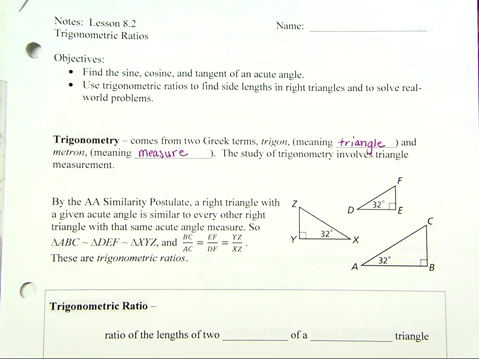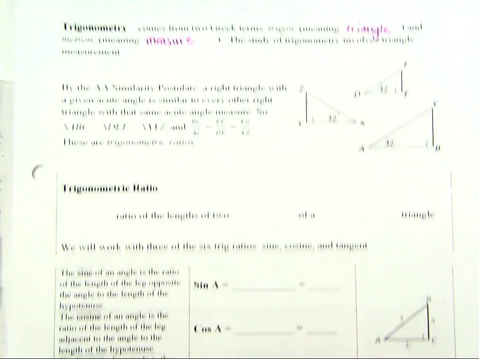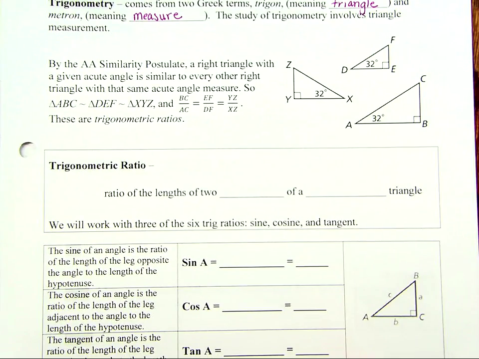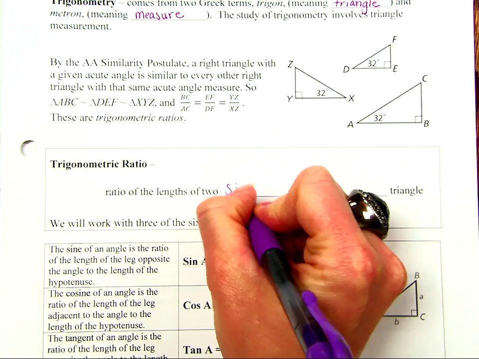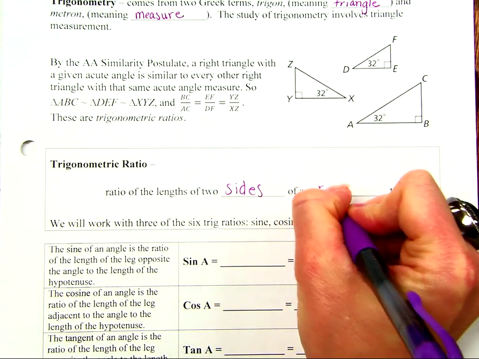We're going to talk about the trigonometric ratios, ratios that are true for right triangles. A trigonometric ratio, by definition, is the ratio of the length of two sides of a right triangle.